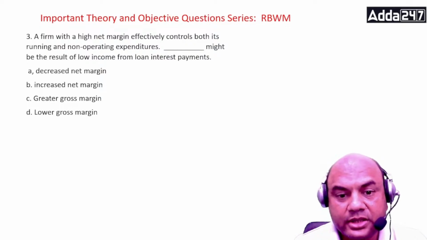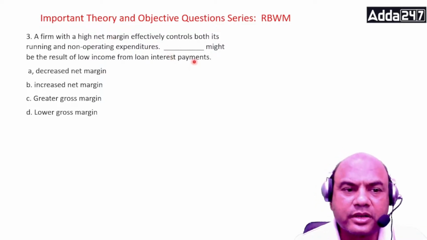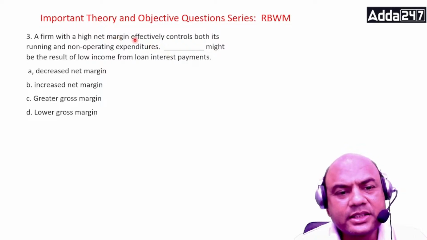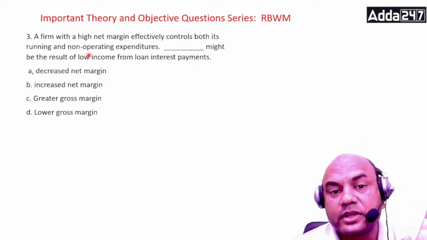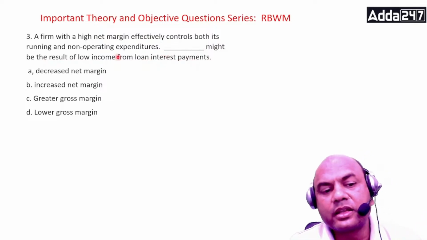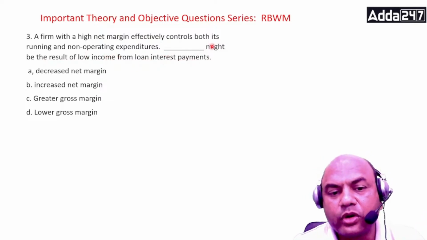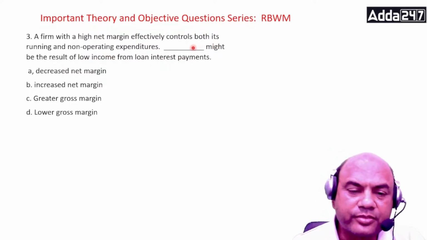Now actually, these two sentences are totally separate. They are not at all related to each other, and such questions you can get in the exam. Simple question is, dash might be the result of low income from loan interest payments.